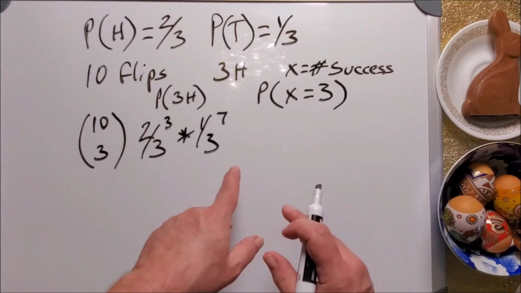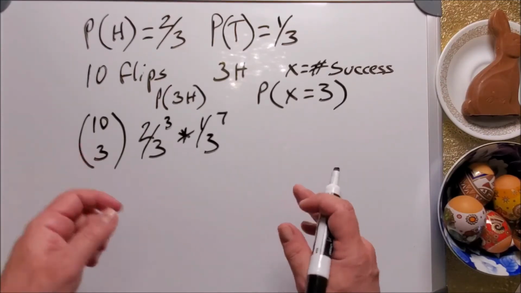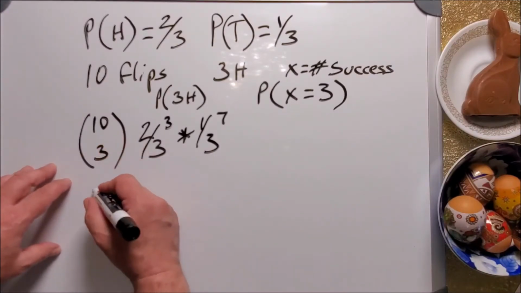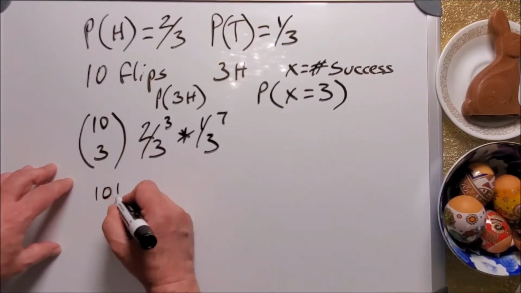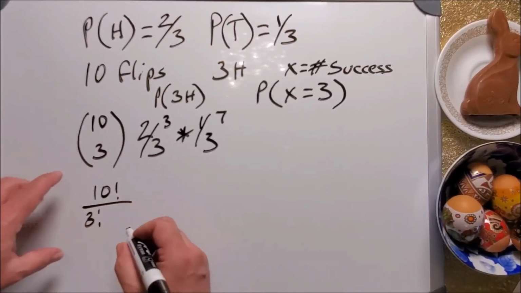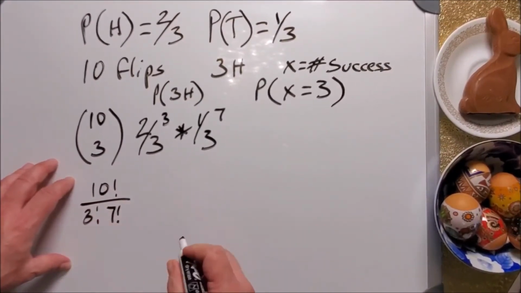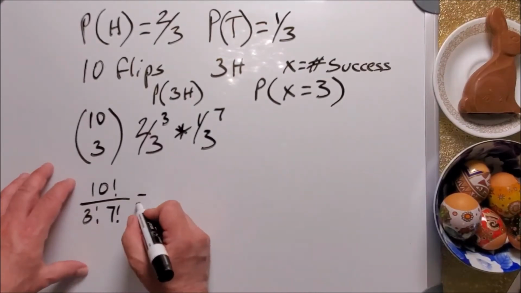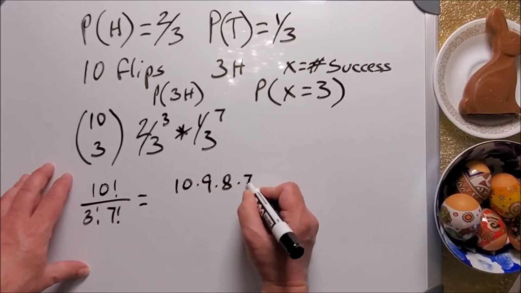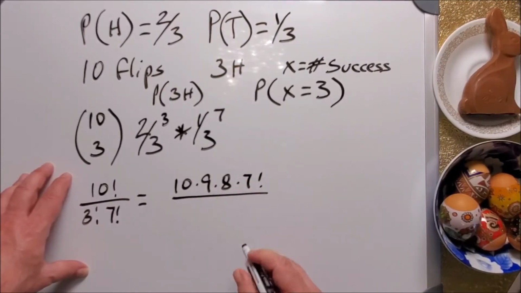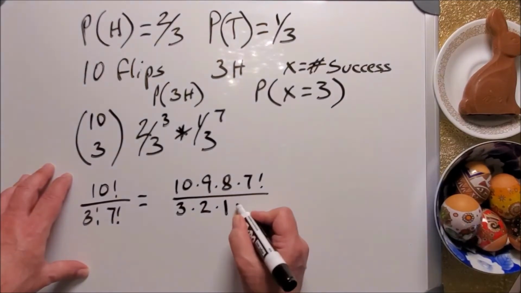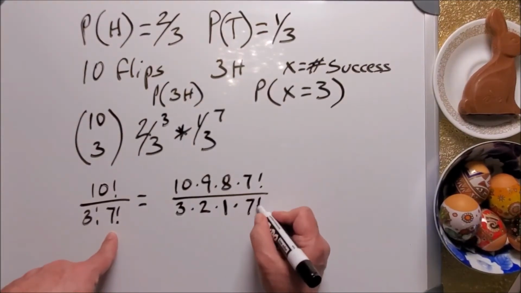So if we just work this problem now, we're going to have the answer. We have 10 choose 3. That's going to be 10 factorial over 3 factorial times (10 minus 3) factorial. So that is 10 times 9 times 8 times 7 factorial, over 3 factorial, which is 3 times 2 times 1, times 7 factorial.